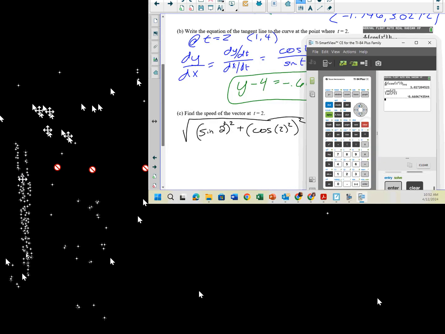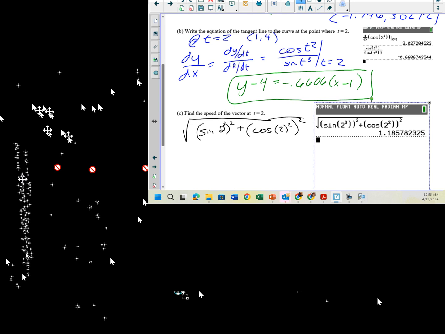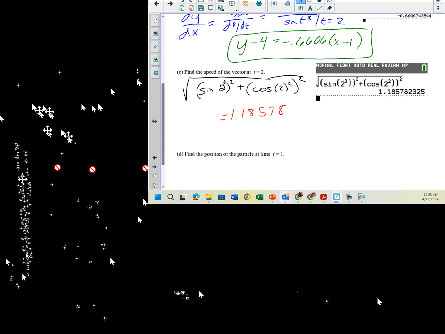Sine of 2 cubed, close that, squared, plus cosine of 2 squared, close that, squared. Again, ladies and gentlemen, I literally just wrote down what I typed in, and I don't have to do any more work. I'm good with that.